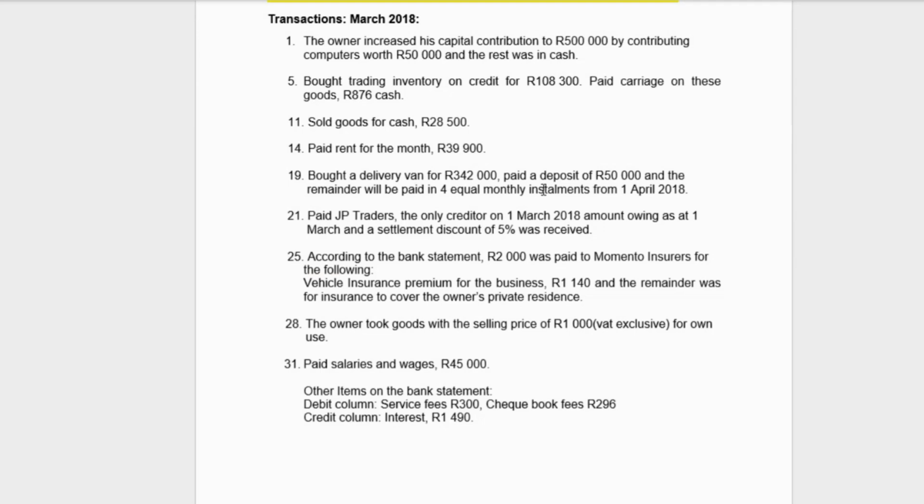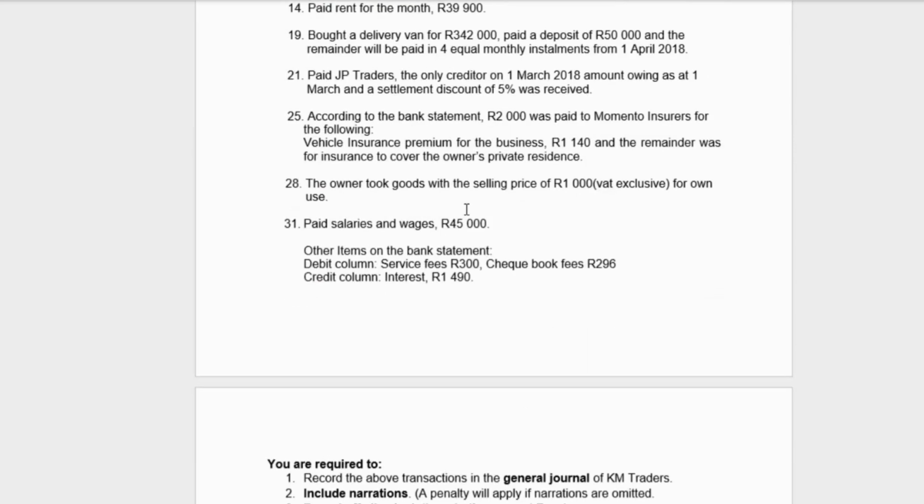Right, and then they say the owner took goods with the selling price of 1,000, VAT exclusive, for own use. And then the last transaction, they say paid salaries and wages 45,000.